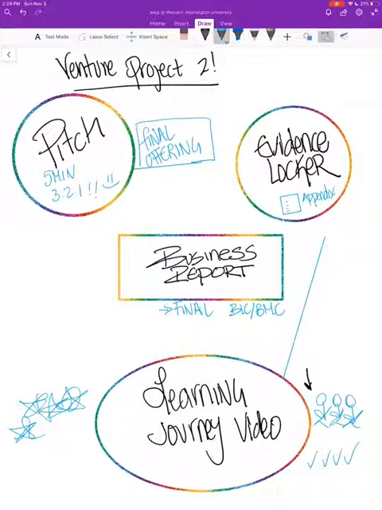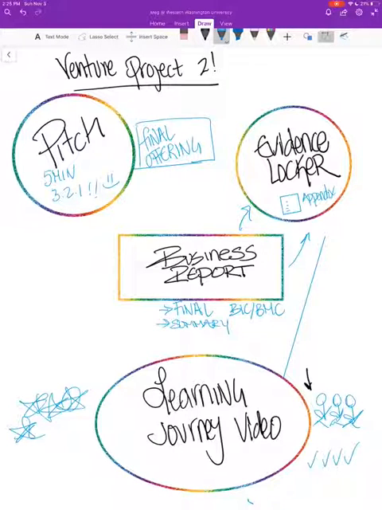We'll have links into the evidence locker of previous versions, links into the evidence locker of some of the other content that you've generated. The business report is going to have in it a summary that walks us through the highlights of the project and gives us an orientation that's deeper than the pitch.